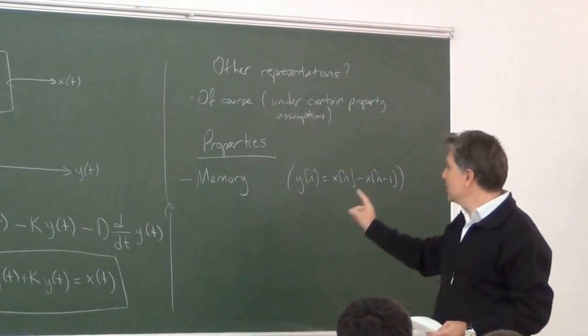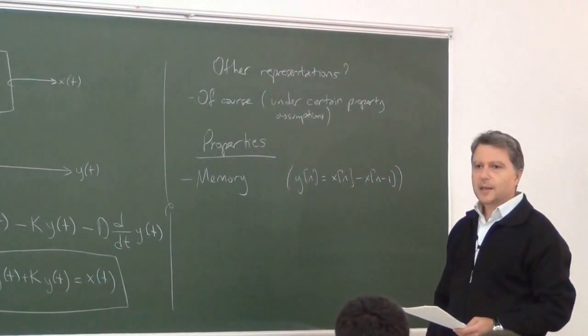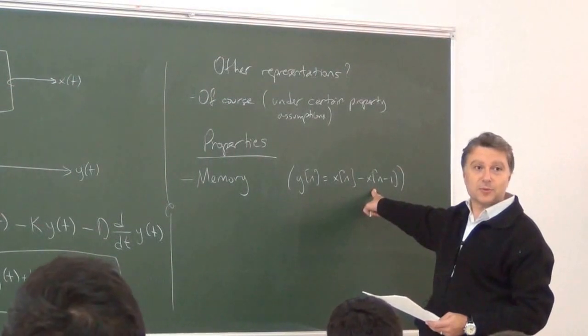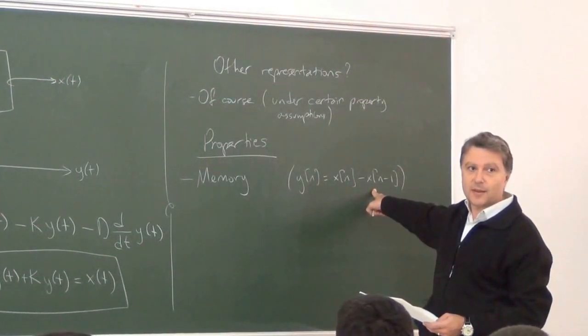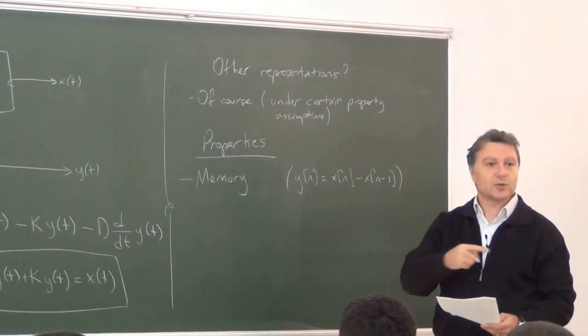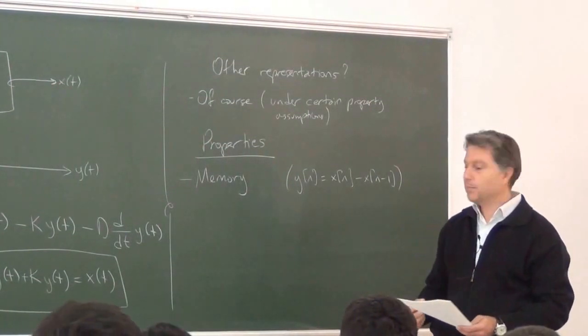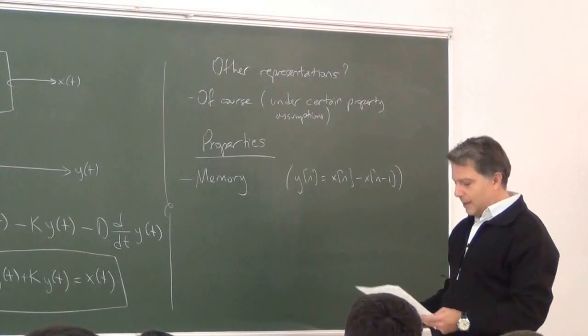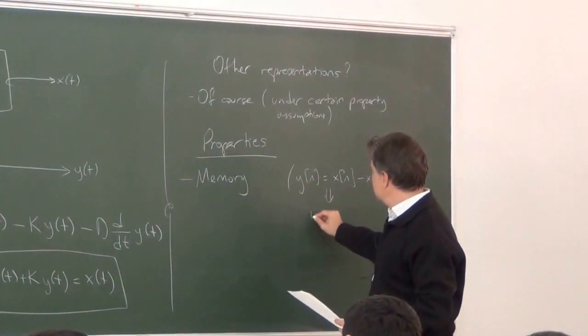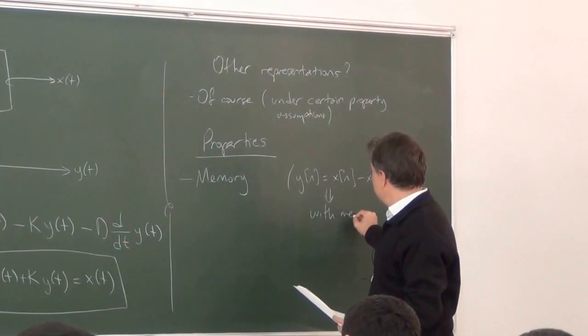This input-output relation indicates that in order to evaluate the output, you must remember one past input, x of n minus 1. One input at yesterday's input, or 1 hour or 1 millisecond before's input. In that case, you say that the system is with memory.